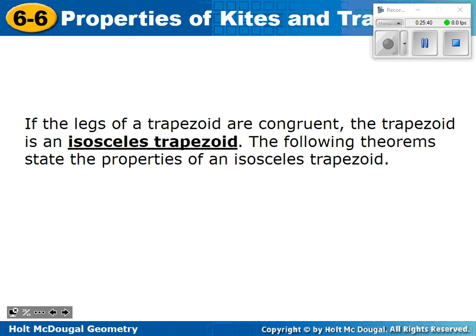And then it's going to have its definition. Its definition is going to say that it is a trapezoid, but it also gives you more information. The definition for isosceles is, it is a trapezoid where the legs are congruent. So it's a trapezoid that has congruent legs. So by definition, it has congruent legs.